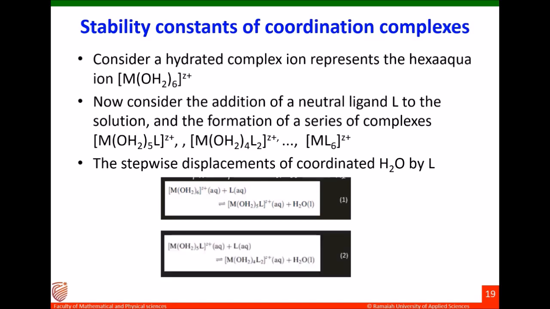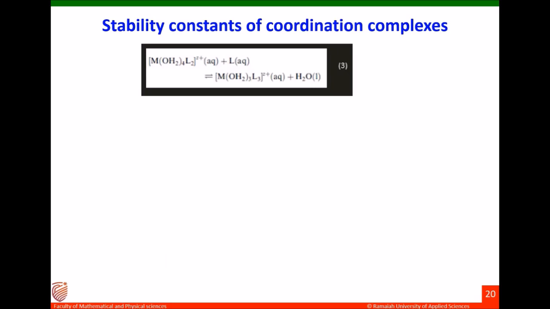The second reaction takes the product of the first reaction, that is [M(OH2)5L]^(z+), which again undergoes a displacement reaction with L, and forms [M(OH2)4L2] plus H2O. So here again one H2O is replaced with one ligand. In the third reaction, it is continuing.